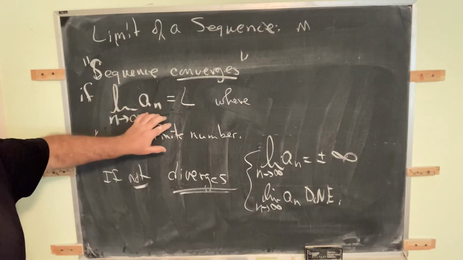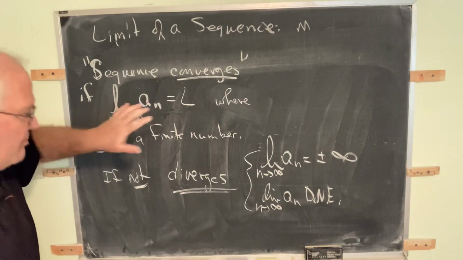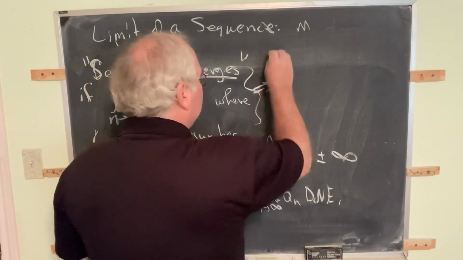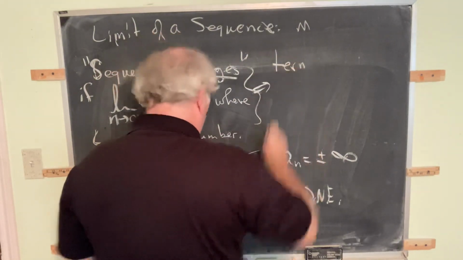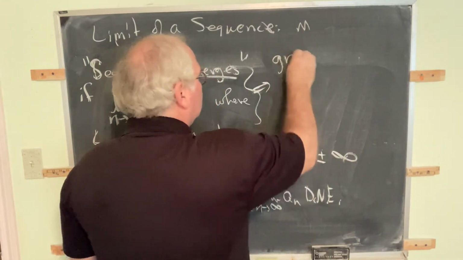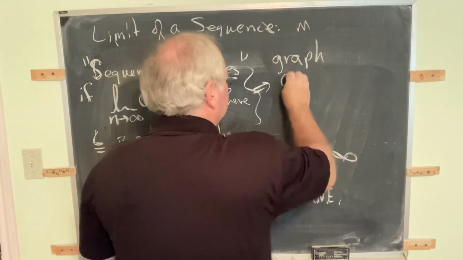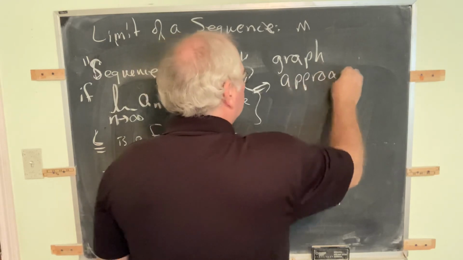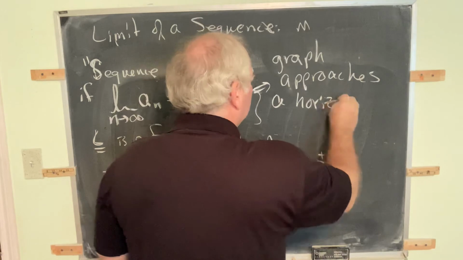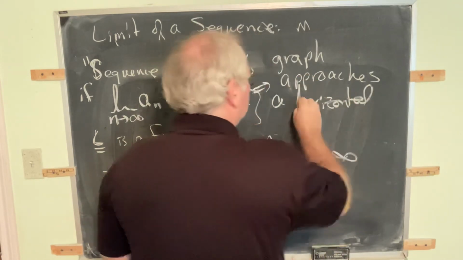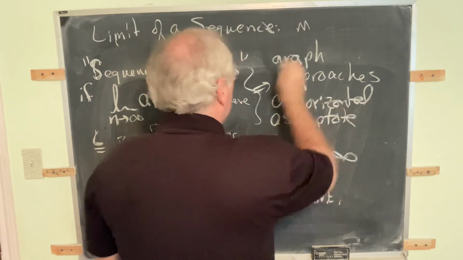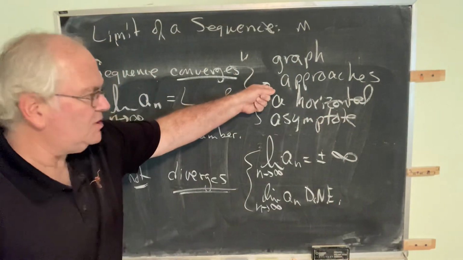Now remember what this means in terms of the picture. In terms of the picture, what this means is the terms, or let's say the graph is a better way of saying it, the graph approaches a horizontal asymptote.